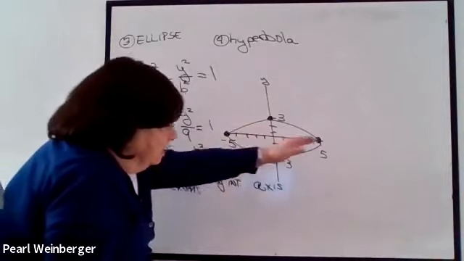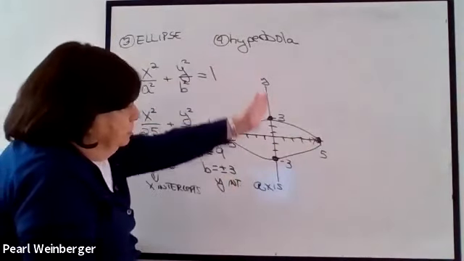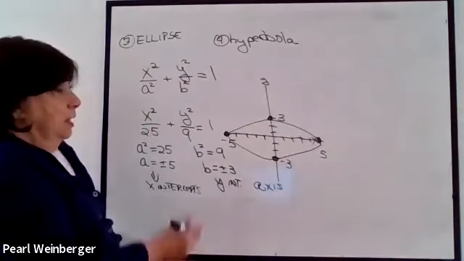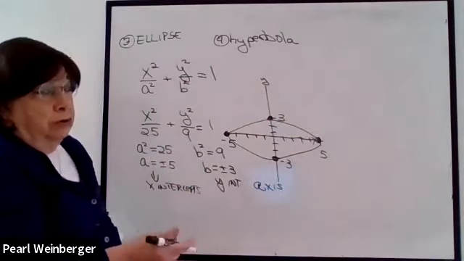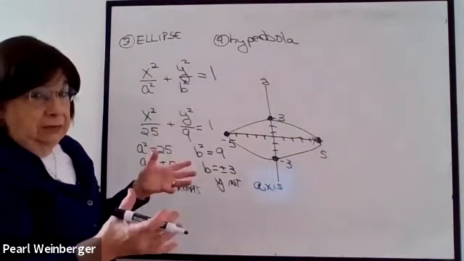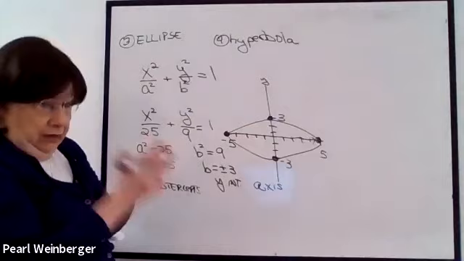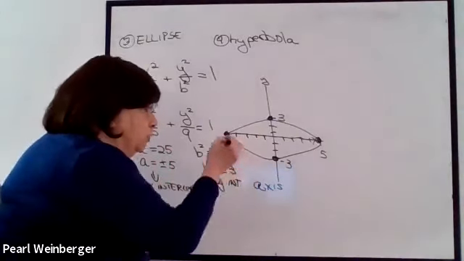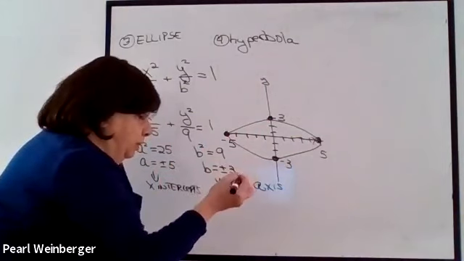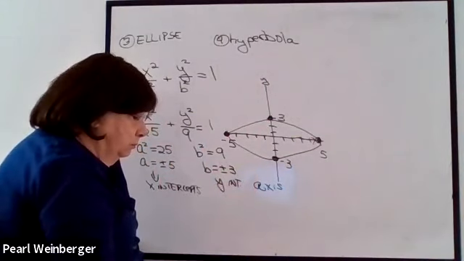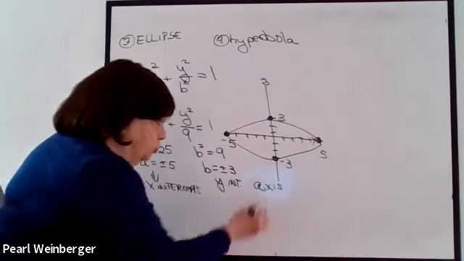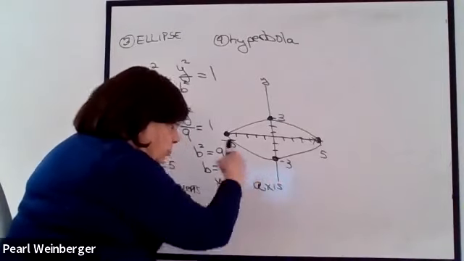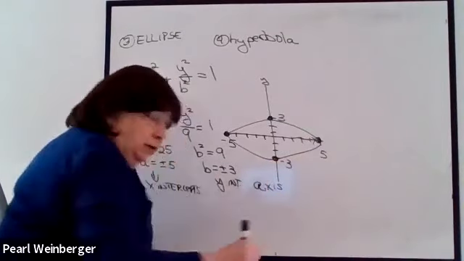There's a horizontal axis and there's a vertical axis. One is longer than the other, because if they're both the same size, then what we have is not an ellipse, but a circle. The longer axis is called the major axis.